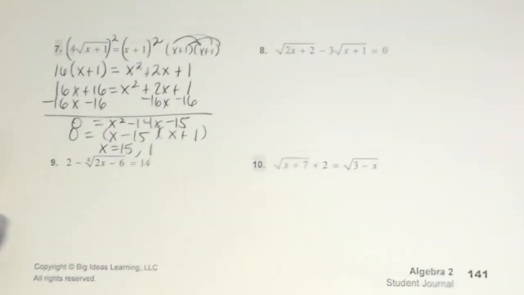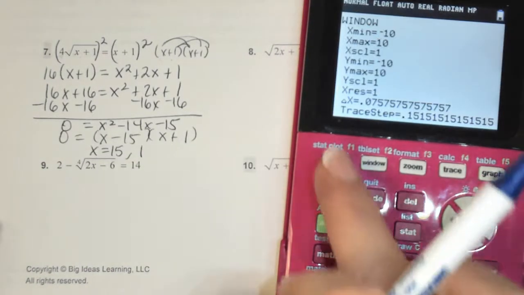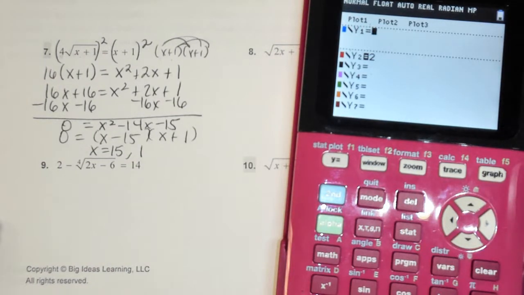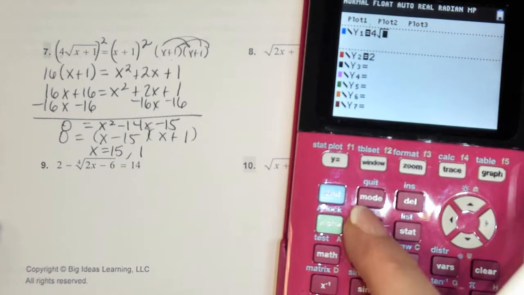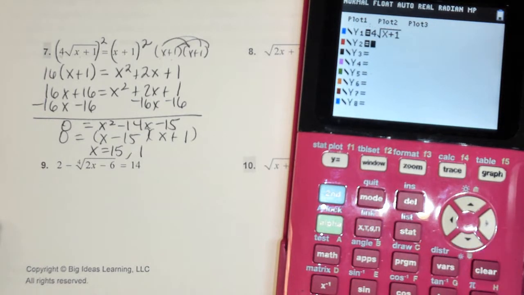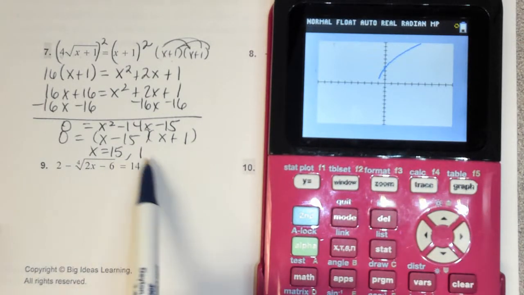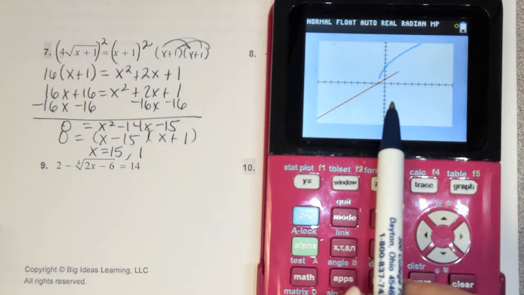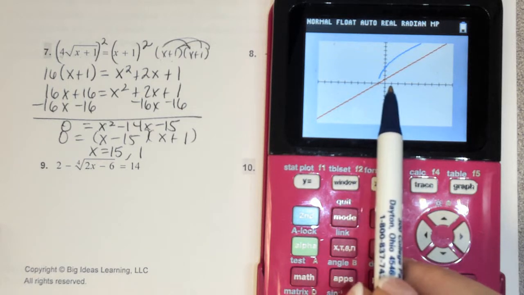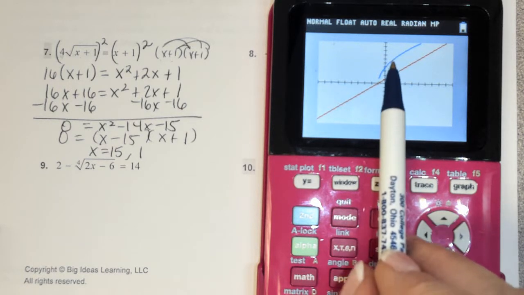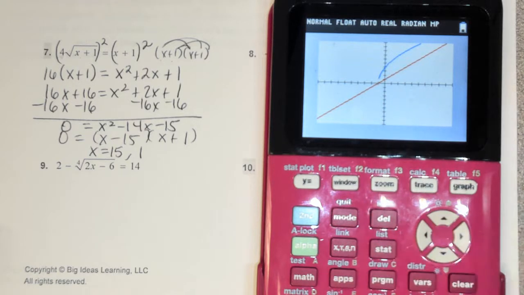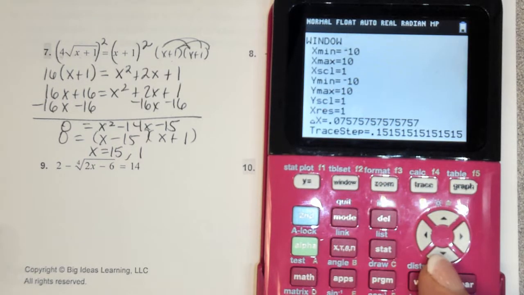I could plug those in to check. I can also do this though, guys. Now I think I should have 2 solutions of 15 and 1. Ooh, is 1 a solution? Is 1 a solution? No. If I want to check.